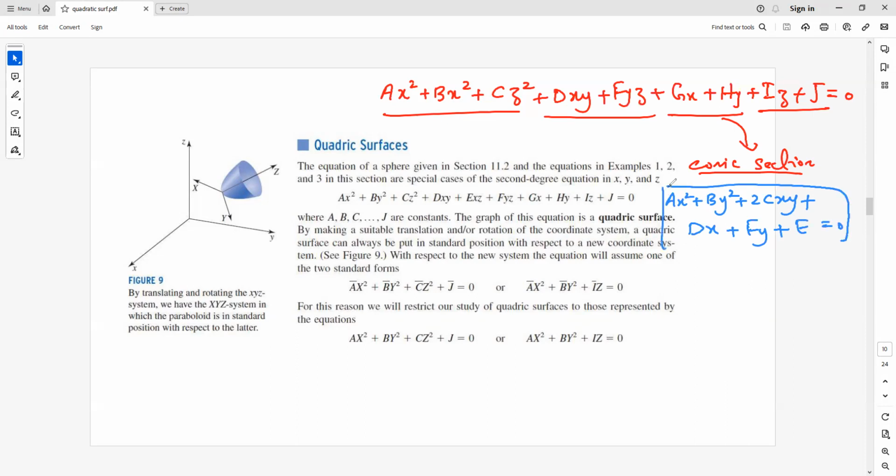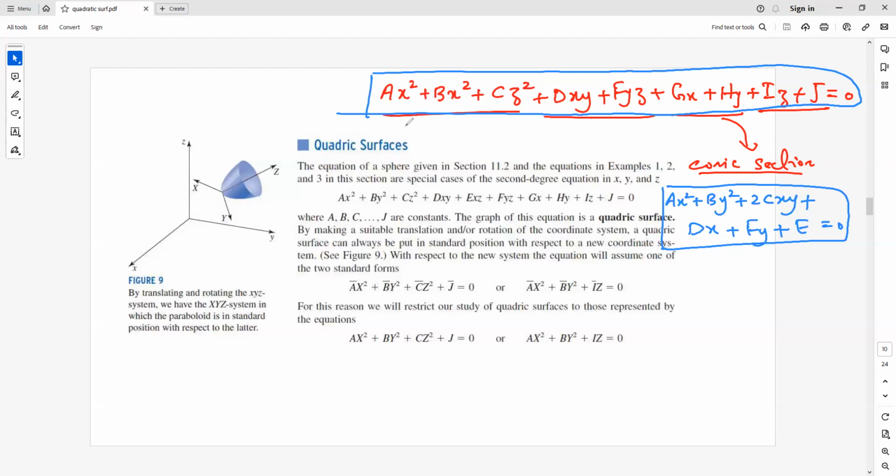So this is the general equation of a conic section in 2 dimensions. So we can say that this equation here may represent a 3-dimensional view, or 3-dimensional part, of a conic section, right?